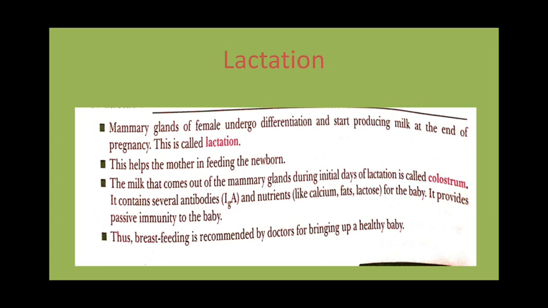After about 3-4 days after delivery, normal milk is produced from the mammary gland, which is stimulated by the hormone prolactin, secreted by the pituitary. The ejection of milk is stimulated by the rise in the level of oxytocin when the baby begins nursing.